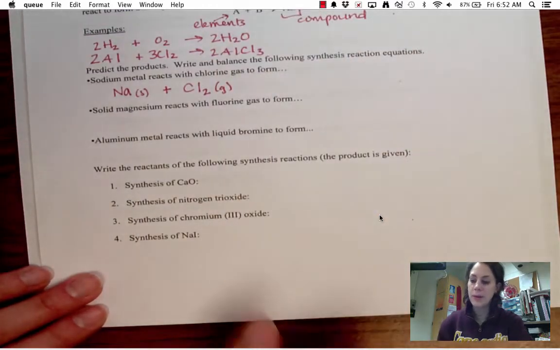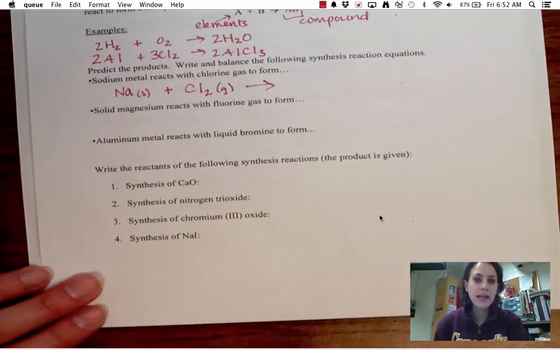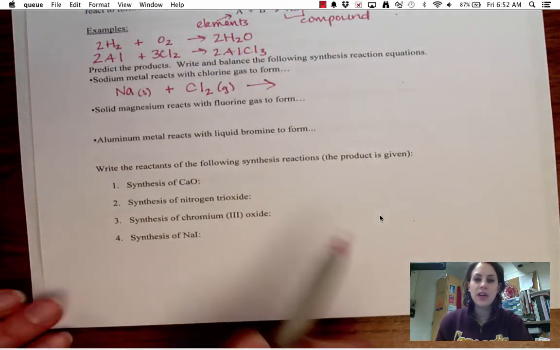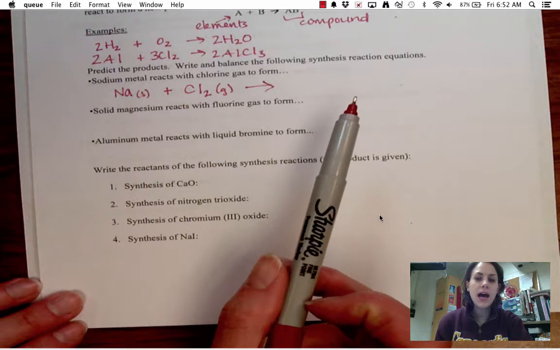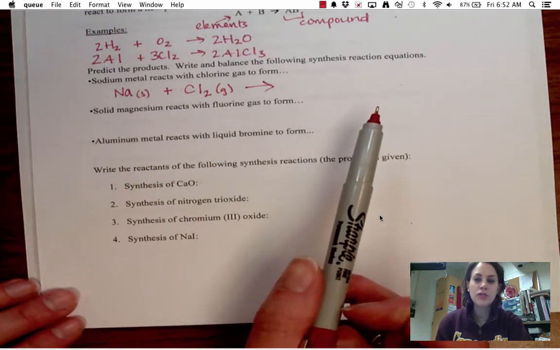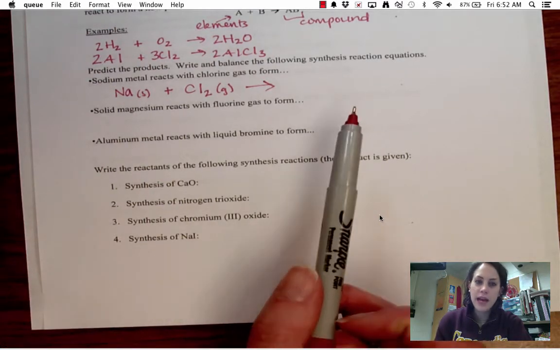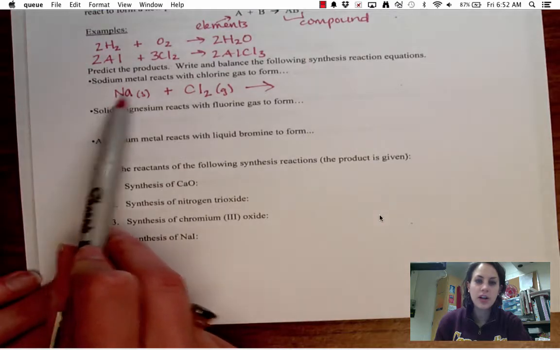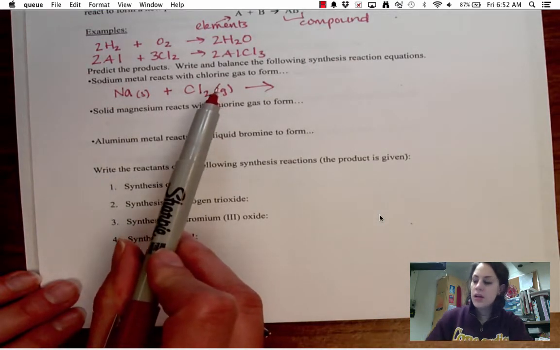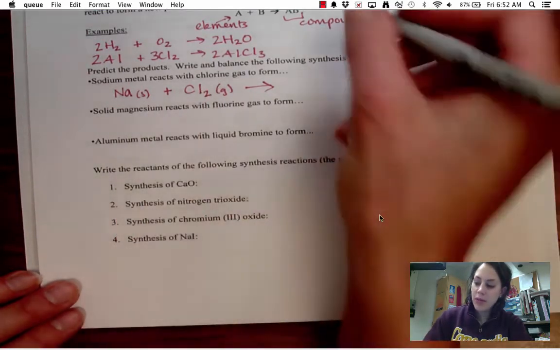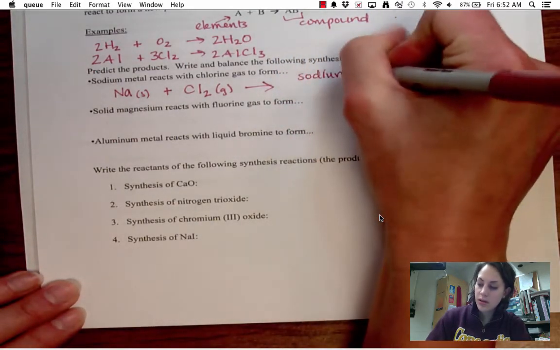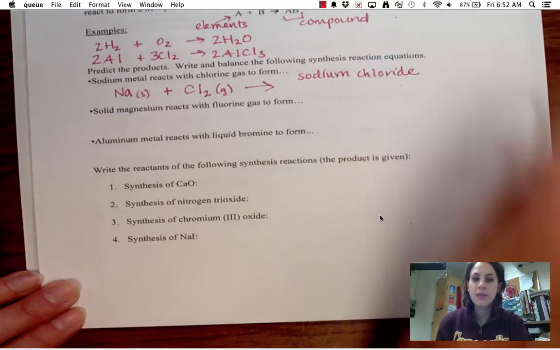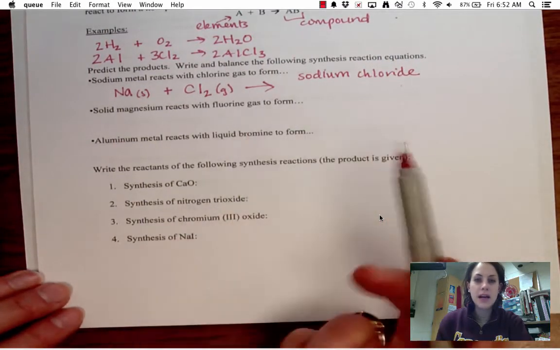To form. Okay, now at this point, I need to recognize that what they're going to form is a compound. And if they're forming a compound, I need to make that formula correctly. I can't just put Na and Cl2 together and call it NaCl2. So they're probably going to form sodium chloride. That's going to be the combination of these 2 elements, the ionic compound.